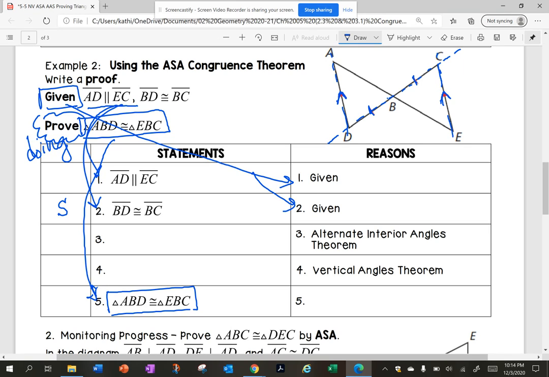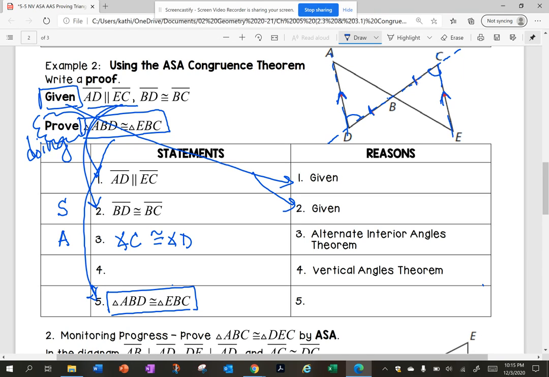And I can say that angle C is congruent to angle D, because alternate interior angles are congruent. So angle C is congruent to angle D because I have parallel lines and alternate interior angles are congruent. So these 2 angles are congruent, so that would be an angle.